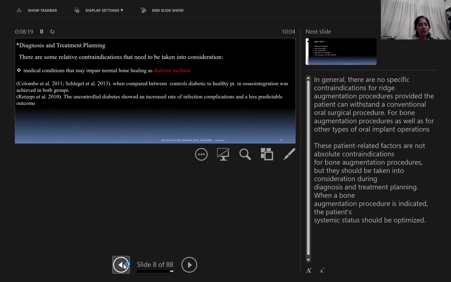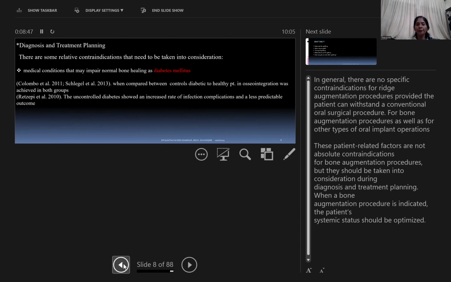Now, what happens during our diagnosis and treatment planning? In general, there are no absolute contraindications for our hard and soft tissue augmentation. I'm speaking from the point of view that you have done the initial treatment and diagnosis for the general implant therapy, where you've eliminated all the systemic conditions and dealt with the patient's noxious habits.